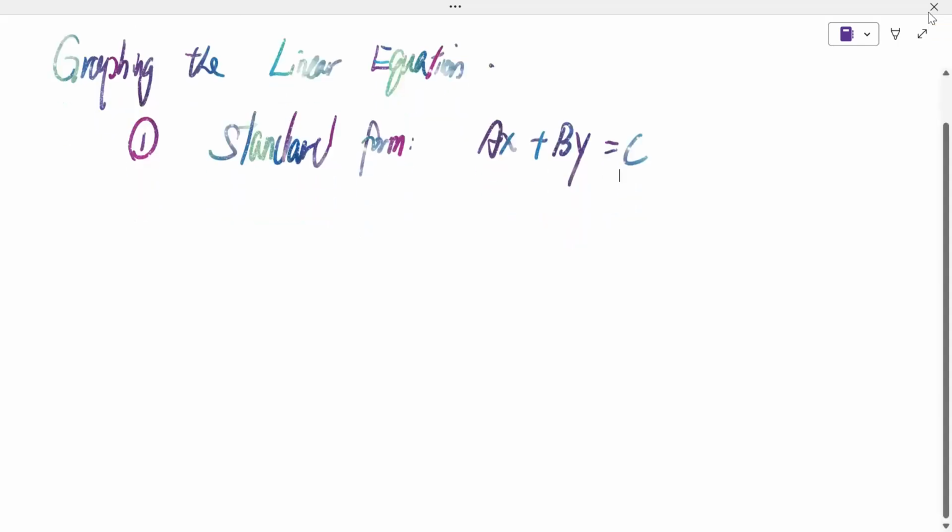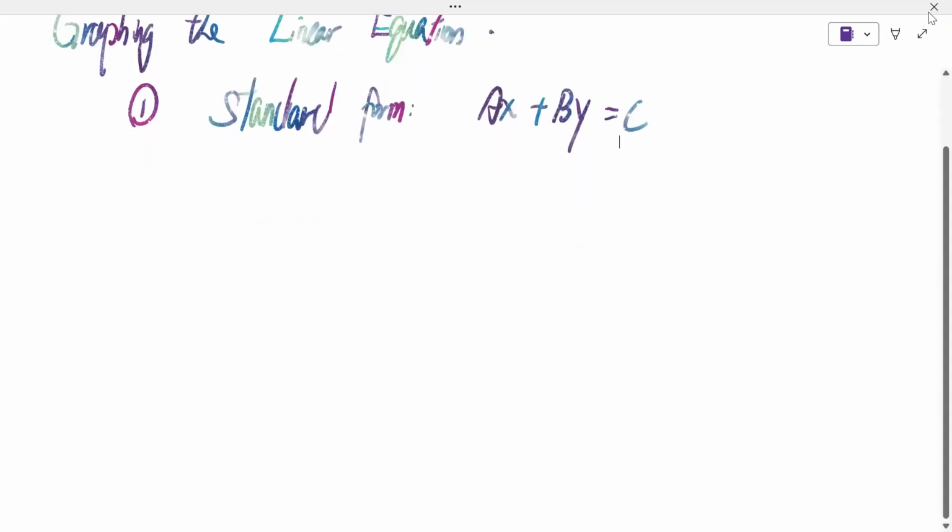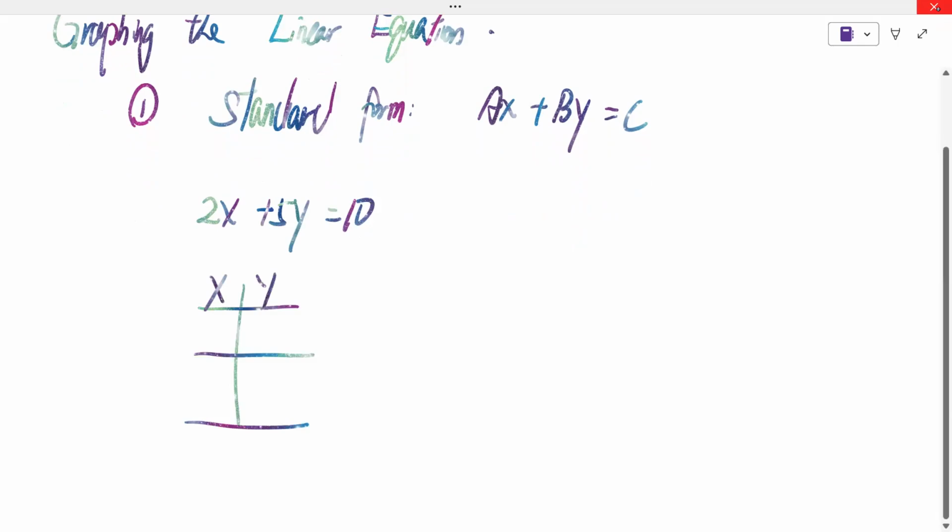And also we could get random ordered pairs, right? For example, let's say we have something like the one we did earlier, 2x plus 5y equals 10. Instead of having the x, y intercept, you just get two ordered pairs randomly.